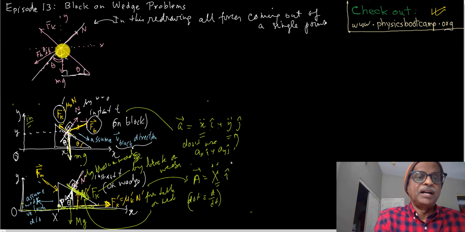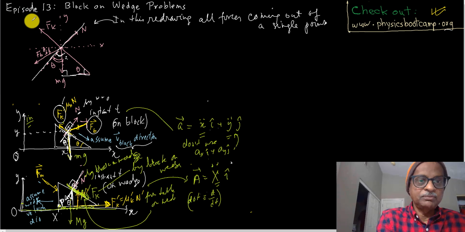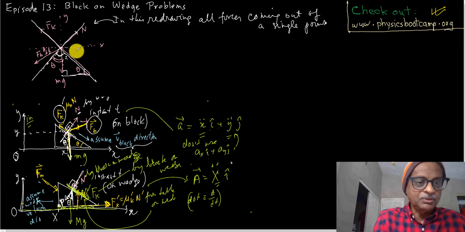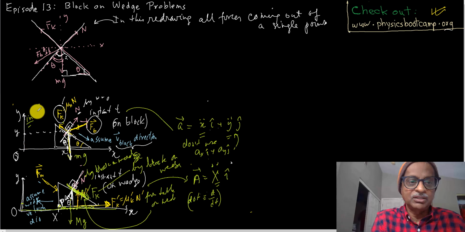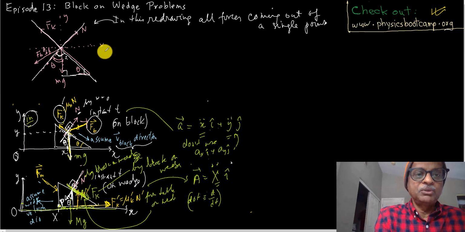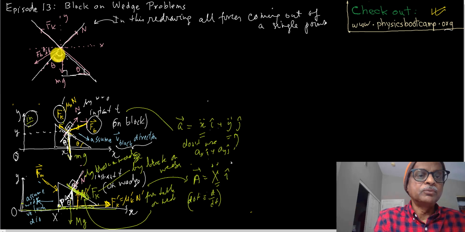Now, many times you use these axes, but in our case we are forced to use a different axis because of the inertial frame. So we are using this axis, and that angle is very important to us.